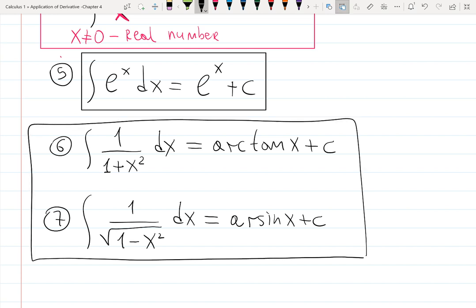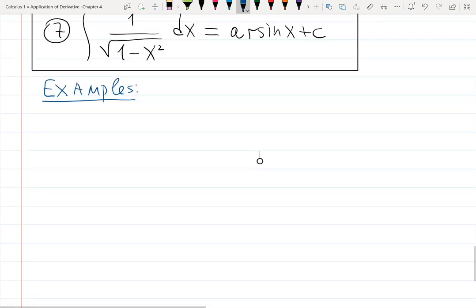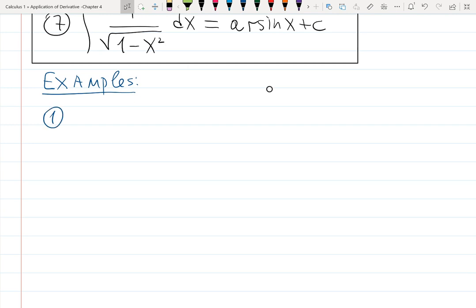Very well. Let's practice a little bit and you can be good with antiderivatives, at least at this moment. Examples. Of course, there are much more complicated rules coming, but at this point, I think it's pretty pleasant and enjoyable.